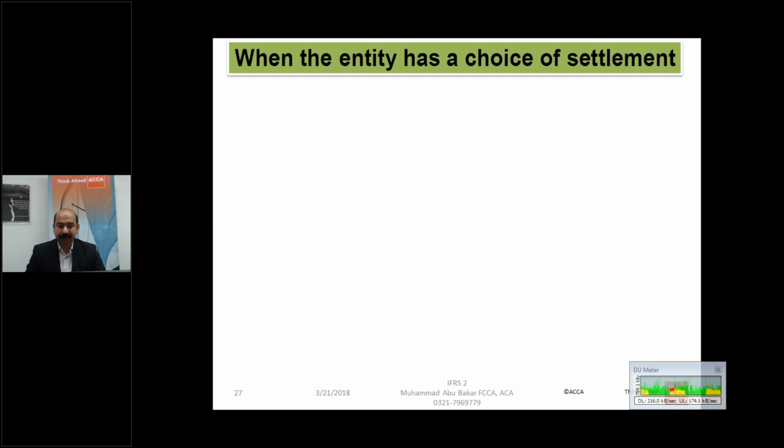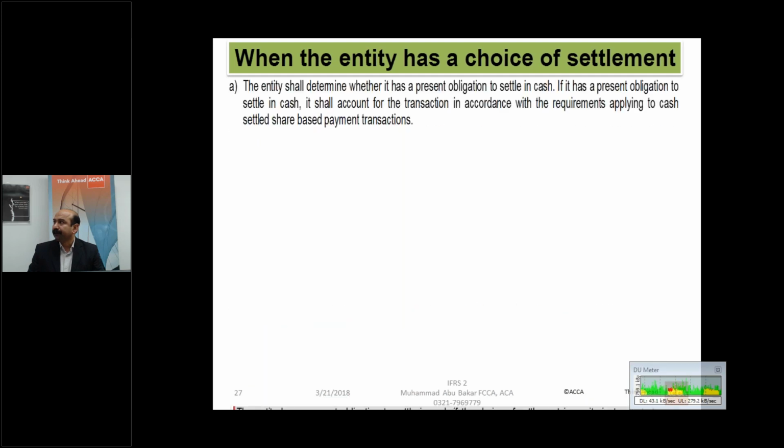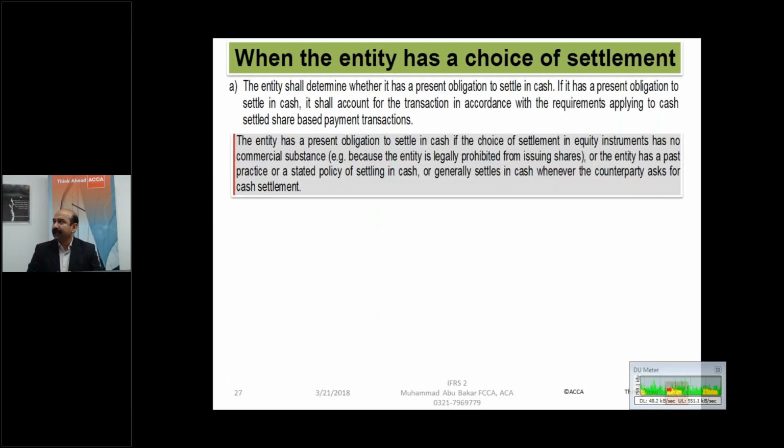What does present obligation mean? The entity has a present obligation to settle in cash if the choice of settlement in equity instruments has no commercial substance. For example, because the entity is legally prohibited from issuing shares, or the entity has a past practice or a stated policy of settling in cash, or generally settles in cash whenever the counterparty asks for cash settlement.